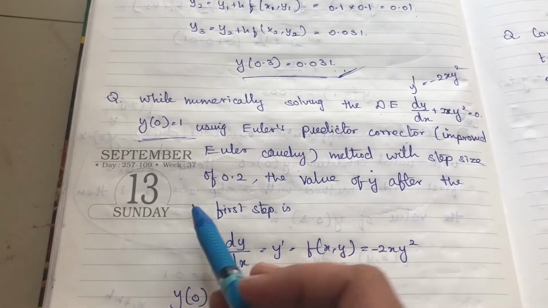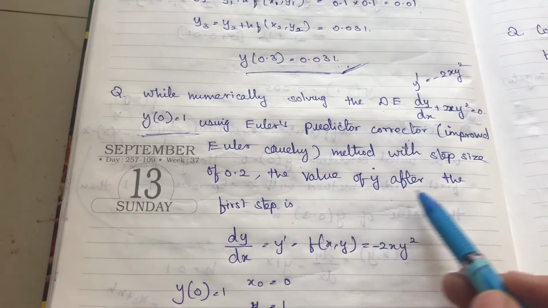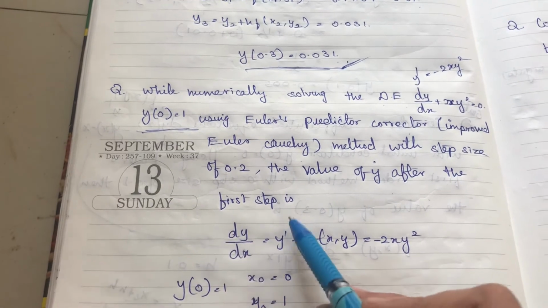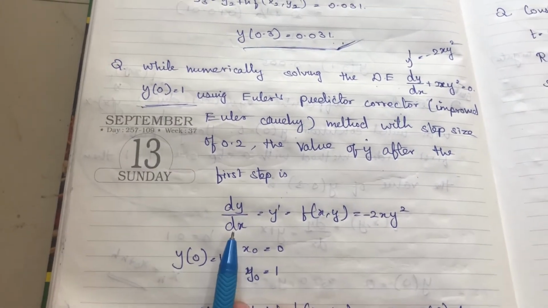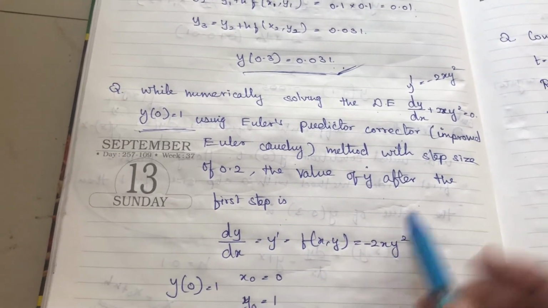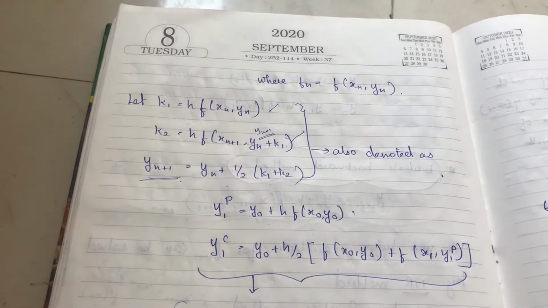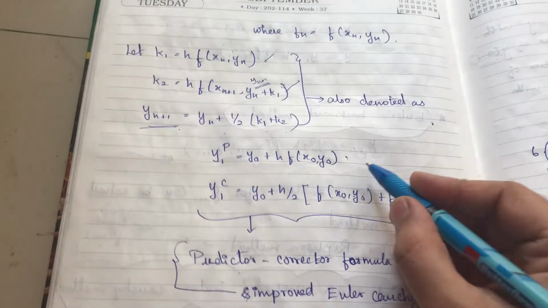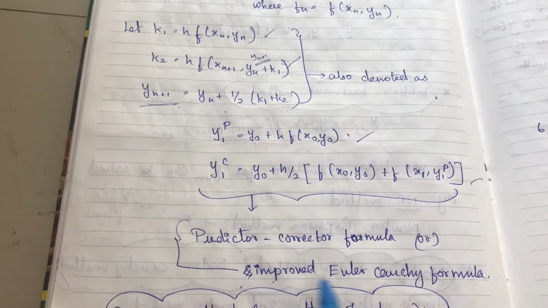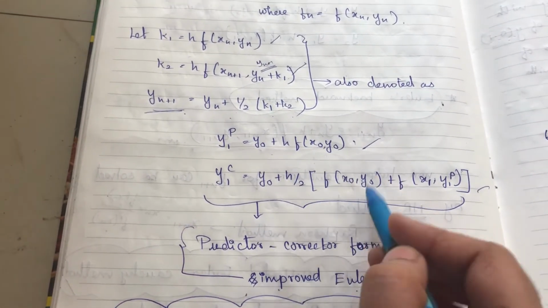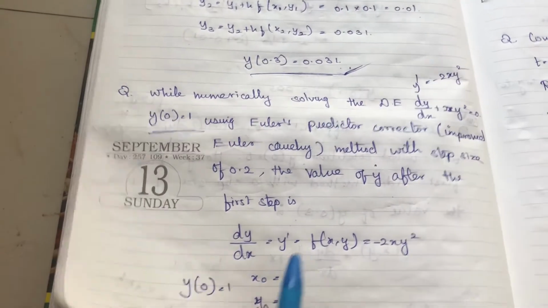With a step size of 0.2, the value of y after the first step is, so we need to use this improved Euler's Cauchy's method. What is the method here? These two formulas, right? So this is the improved Euler's Cauchy's method.